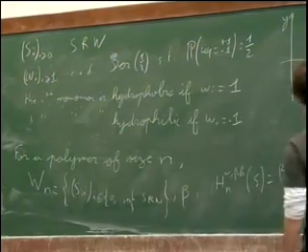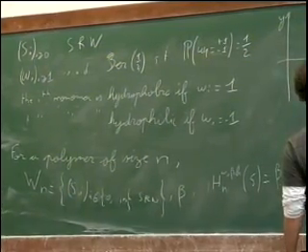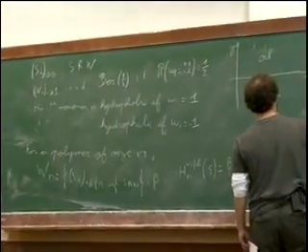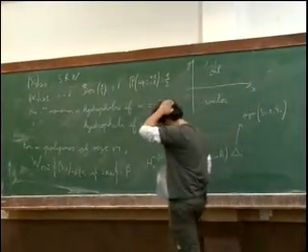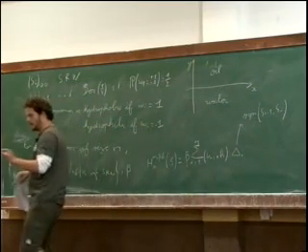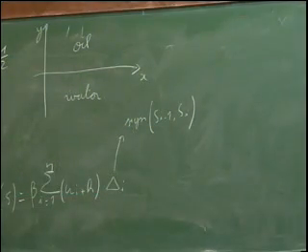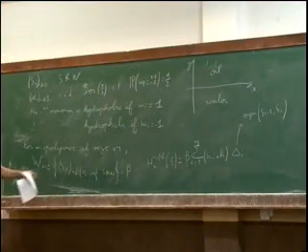Remember that delta i is the sign of S i minus 1 S i, so it tells you whether the edge number i lies in the oil or in the water. That's the energy associated with each trajectory.